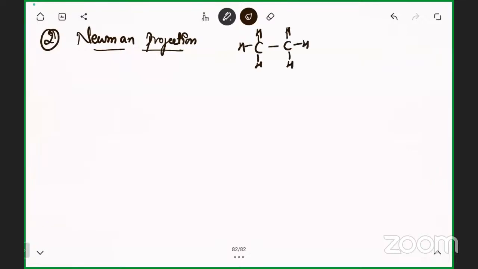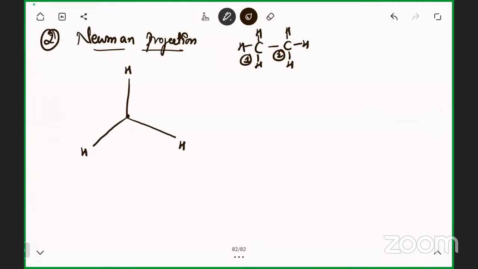This is the first carbon, this is the second carbon, or you can do the vice versa. The first carbon will be shown by a point, and three hydrogens will be there, so this will be H, H, and H. This is the first carbon in this Newman projection.